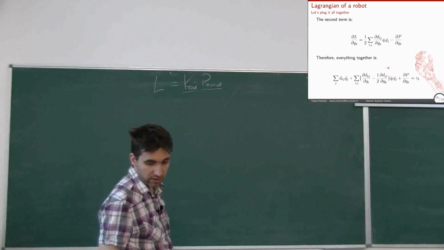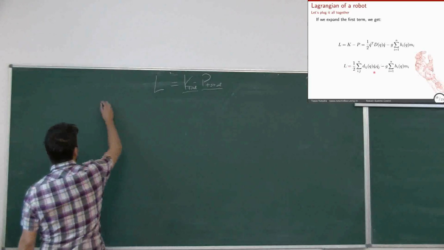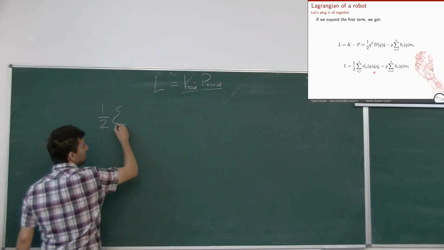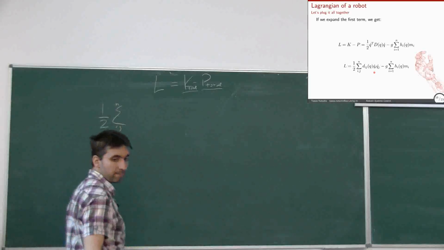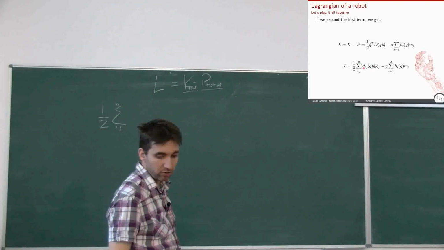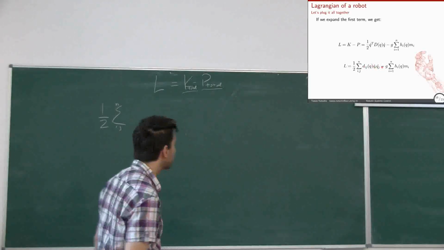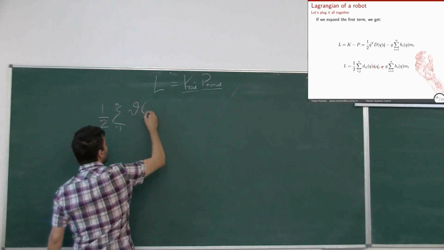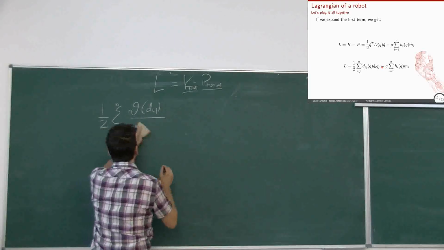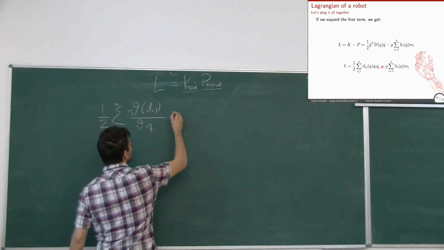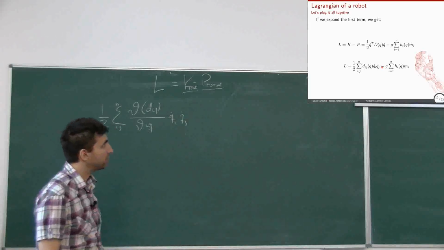So how do we do this? Basically, this term, if I derive it with q, let's write the sums as well, ij, and it will be just these terms depend on q, just the dij of q, because these are not depending on q. So it will be the derivative of dij with q, qi dot qj dot, right?